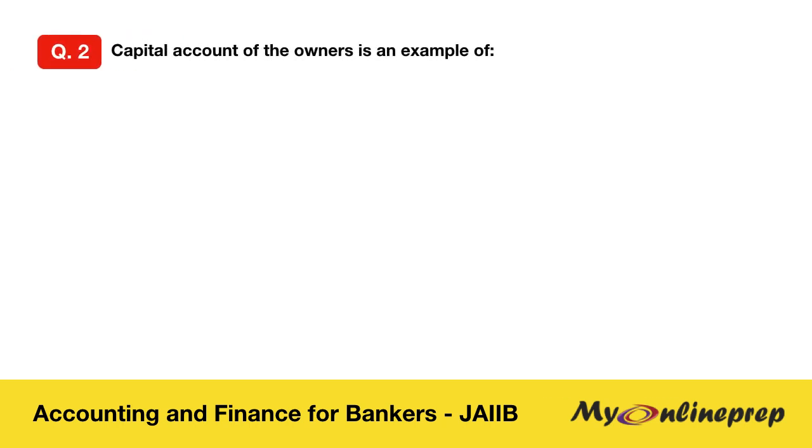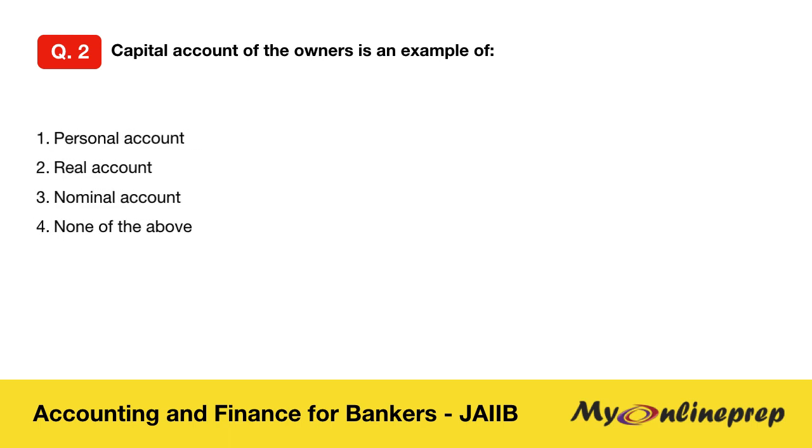Question number 2. Capital account of the owner is an example of personal account, real account, nominal account, or none of the above. Capital account of the owner is the example of personal account.